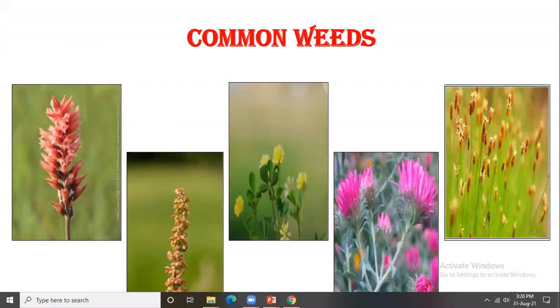Okay, is this an advantage or not? Mostly weeds are a disadvantage, no? But some weeds are used for medicinal purposes or something like that. Anyone who takes specialization in agronomy can study weed management as one subject in the 3rd semester, completely.